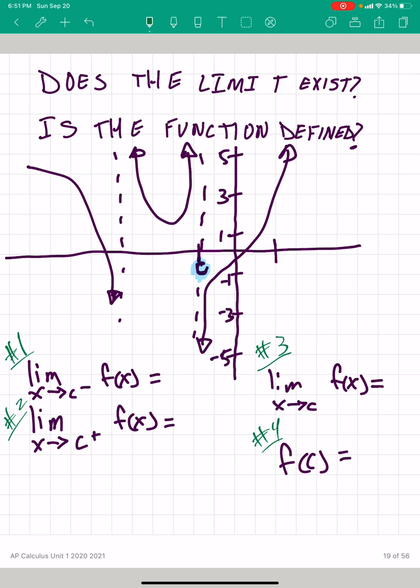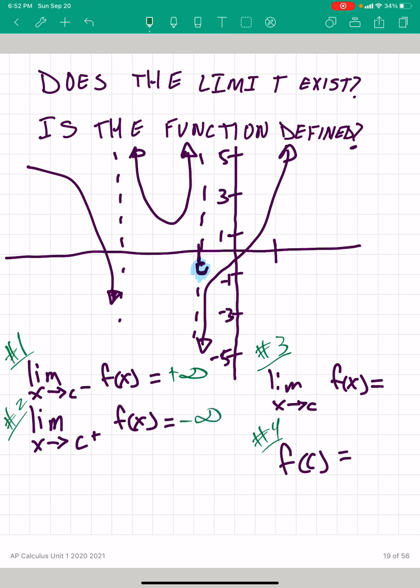Okay, hopefully you froze the video and you took a minute to see what's actually going on here. So number 1, the limit as x approaches c from the left of the function. Well, if I trace that, it's clearly going to positive infinity. The limit as x approaches c from the right side, however, is going in the exact opposite direction.